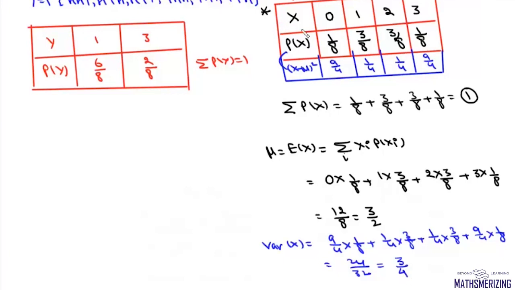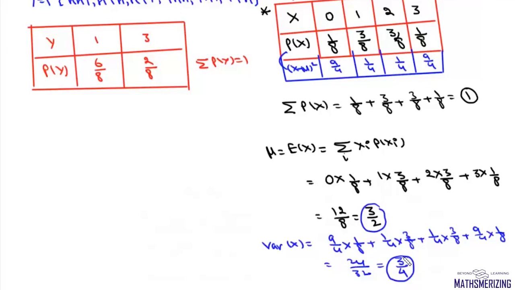So for this random variable x, mean is 3 by 2. So the average or expected value of the random variable in this random experiment is 3 by 2 and its variance is 3 by 4.